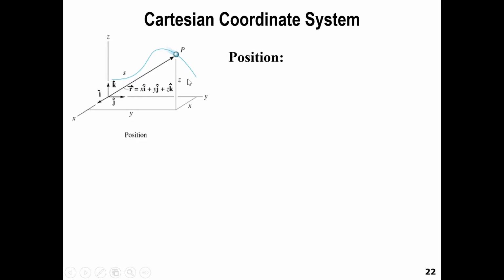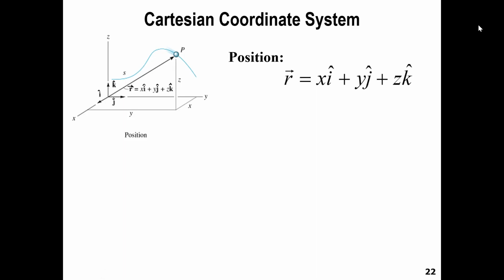We're going to start with position here. Suppose that this blue curve is the path of motion for this particle P. We have Cartesian coordinate system X, Y, Z fixed at this point. And you know, if you want to find the position vector, you go from origin to the point P. This R is going to be your position vector.